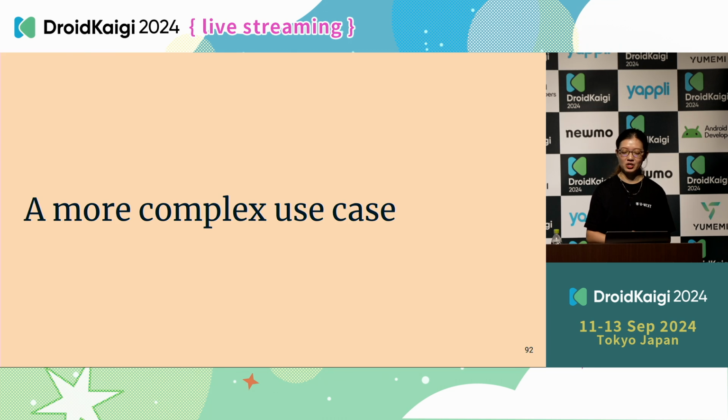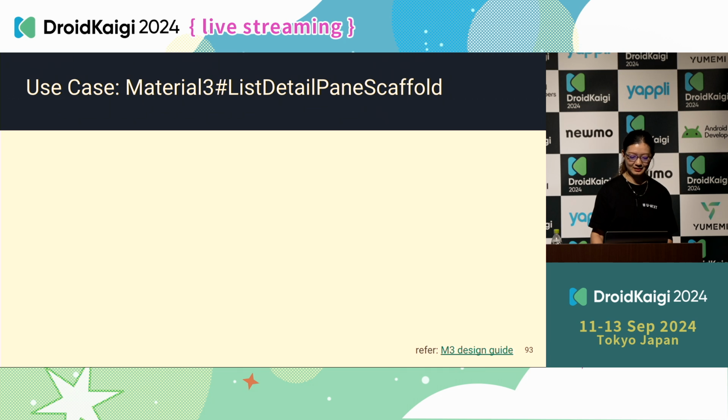After discussing the challenges of testing adaptive layouts and animations, here comes the more interesting and last part: dealing with a complex situation by combining them. Now I'd like to take a practical example from Material 3's experimental API, the ListDetailPaneScaffold. This API is designed to automatically decide whether to display 2 panes or just 1 pane, depending on the screen size.